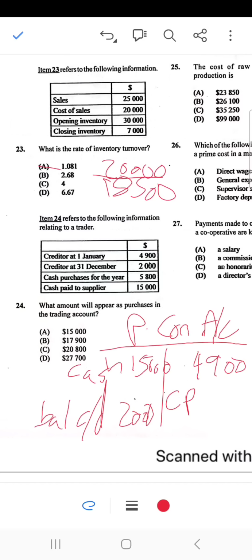So we're going to add up our debit side, which will be 15,000 plus 2,000, that's 17,000. And we are going to minus our credit side from it, which is 4,900. That would leave us with 12,100 as our credit purchases figure.